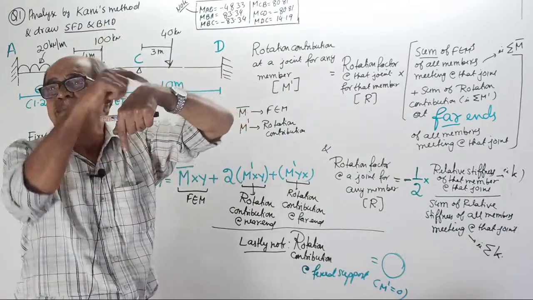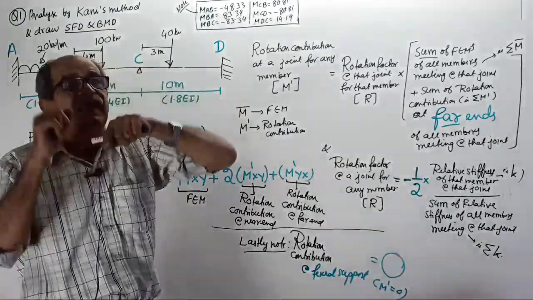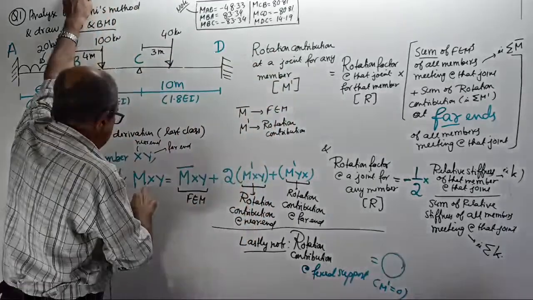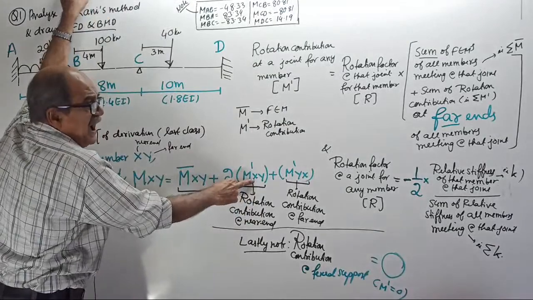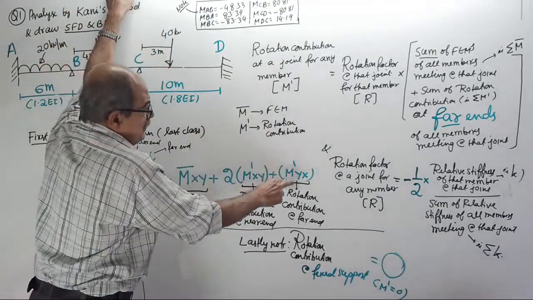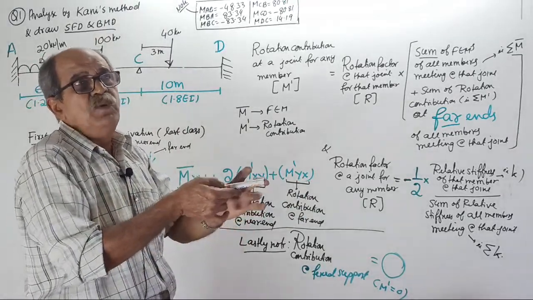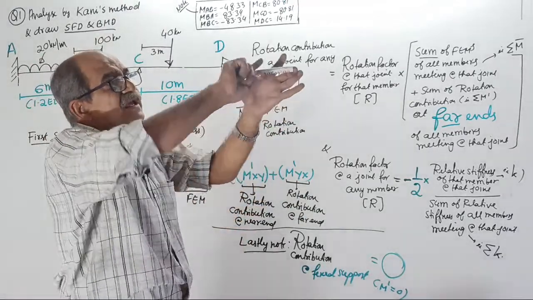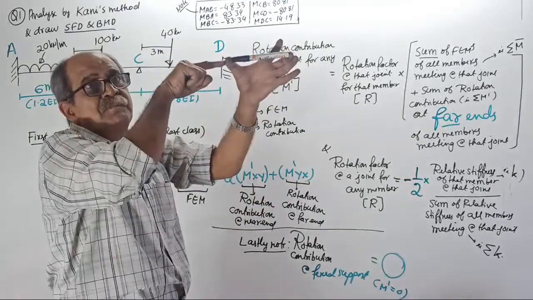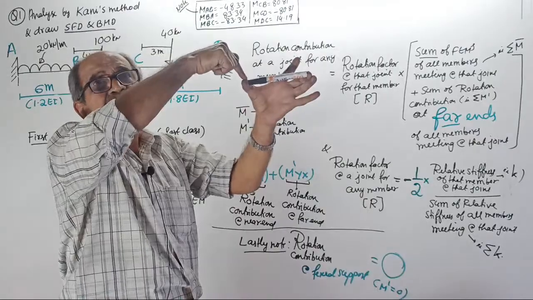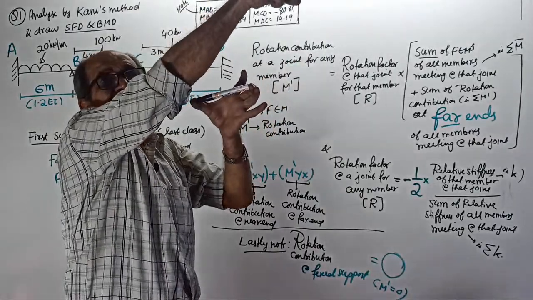If I want for AB, 2 times at A. If I want for BA, 2 times at B. Or if I want for XY, 2 times at X plus rotation contribution at the far end. So, if I want for a member AB, MAB equals M bar AB plus 2 times the contribution here plus the rotation contribution there.